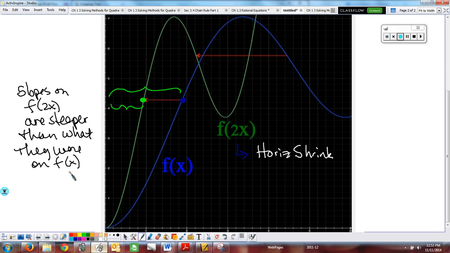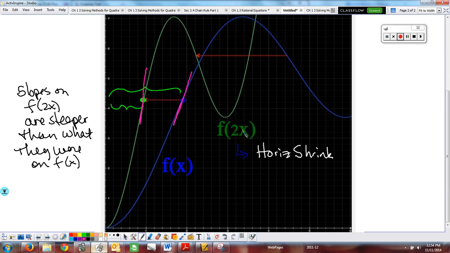Another way to think about this, and let's go back to the example that I just did previously, is that we ended up taking the rate of change of the inside function times the rate of change of the outside function. If I were to draw the tangent lines and compare the slope right here to the slope right here, you might ask, what's the factor that it's going to change?